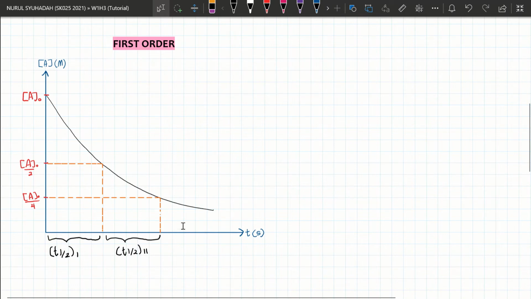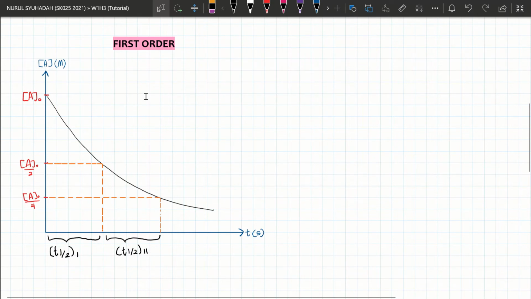Okay, remember your exercise, the one that I gave you in the second part of our tutorial, where I said that for a first order reaction, the first half-life is equal to the second half-life. Why do I say it like that? Because it's actually from the graph.